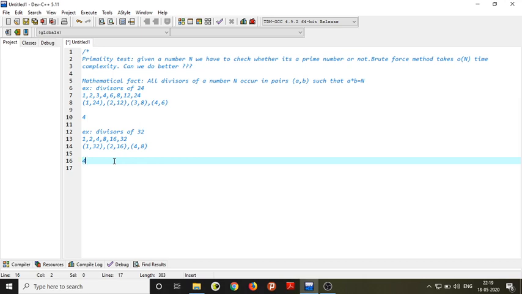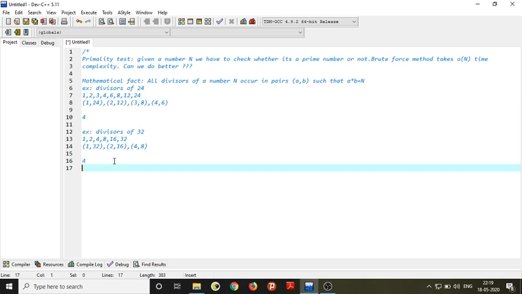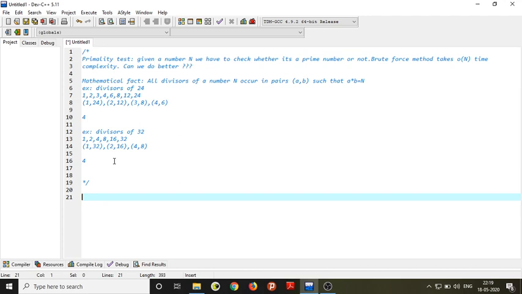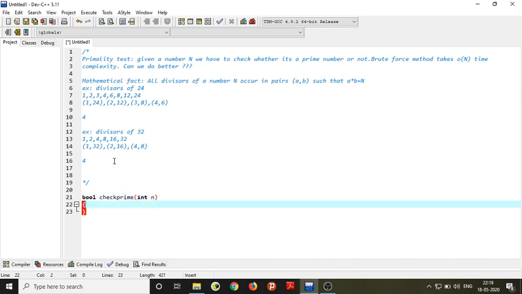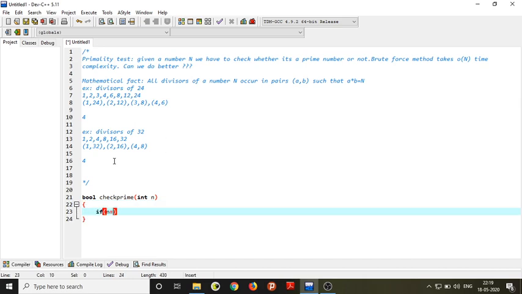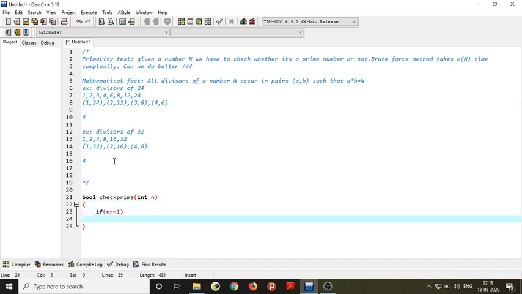Now we can write the program. Let's write the program. We'll return bool, check prime. Let's say we are given an integer n. If n equals 1, let's return false.